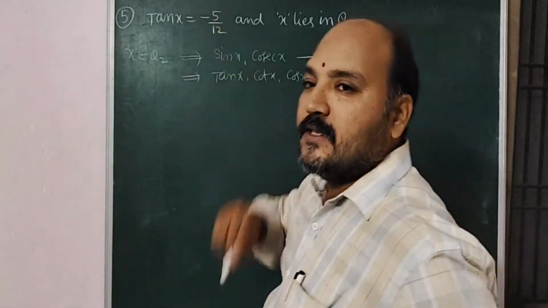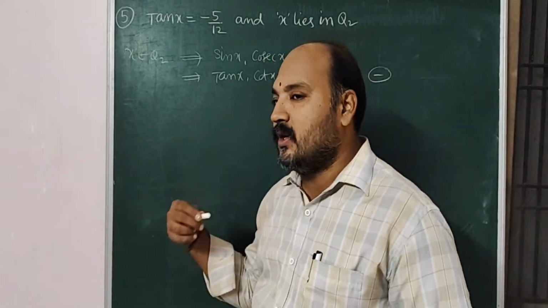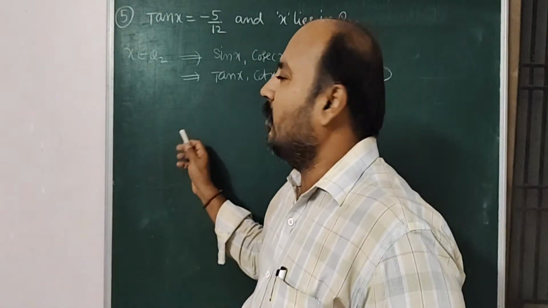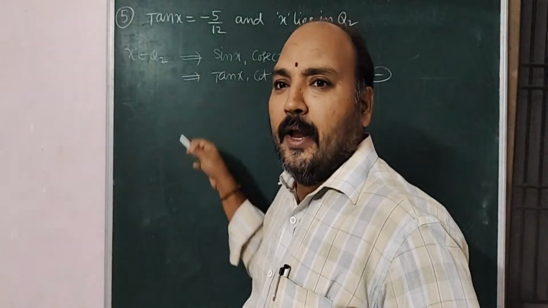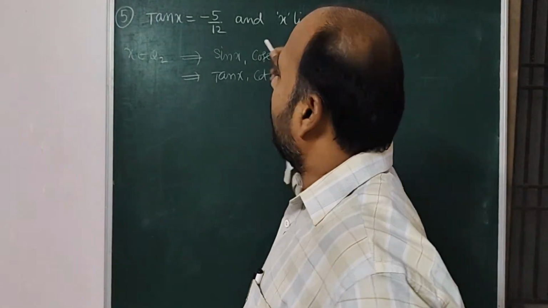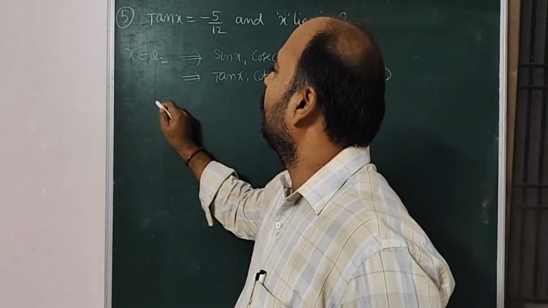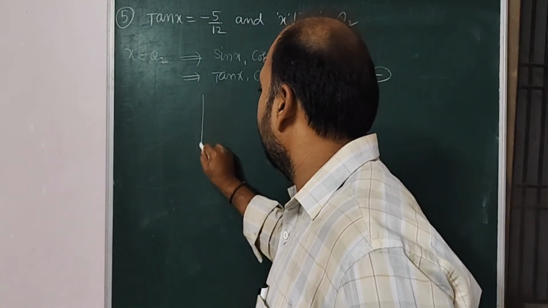So here, tan x is given, and I am going with identities, either identities or a right angle triangle. Based on the quadrant also we can go, dear students. So here I am better to go with the figure itself.